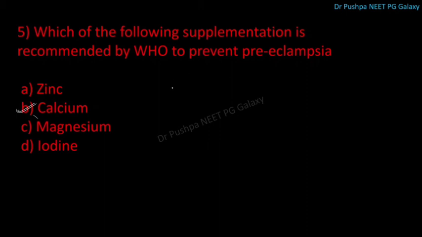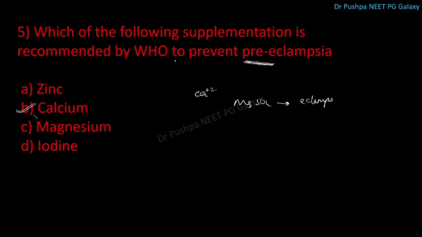Especially in populations with low dietary intake of calcium, the WHO recommends calcium supplementation to prevent preeclampsia. Magnesium sulfate is used in case of eclampsia, but to prevent preeclampsia we use calcium supplements.